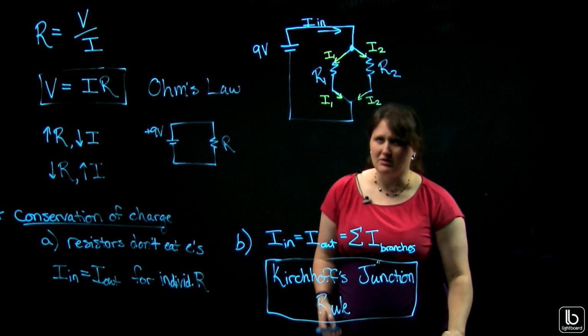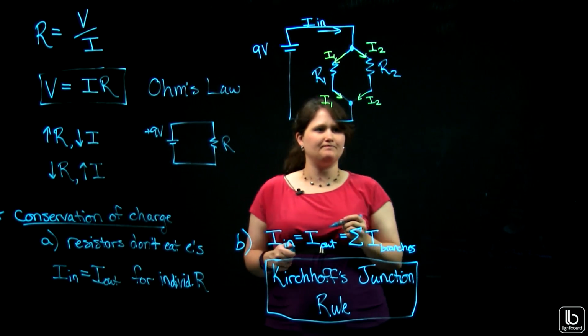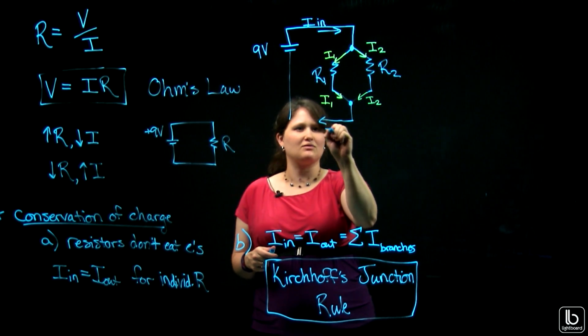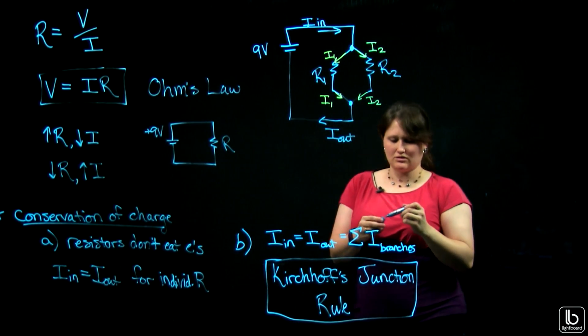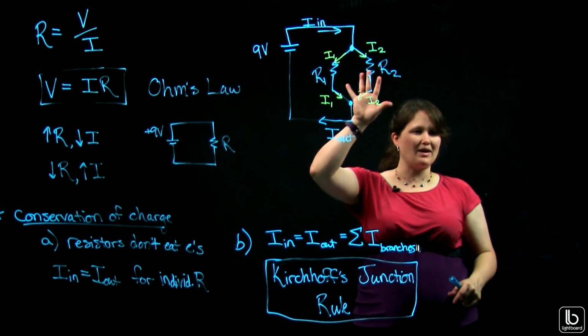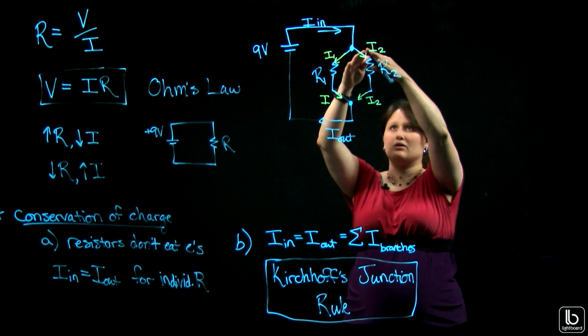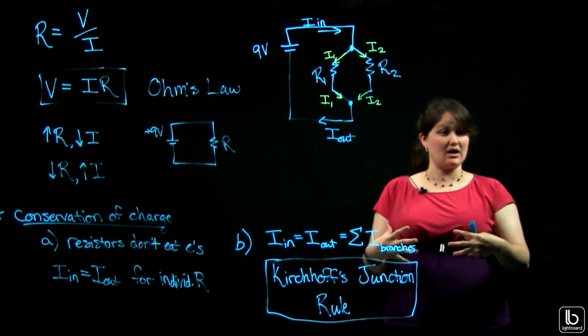But then we have the place where they join back up. And the current after that, I'm going to say, is current out. So this is what we call a parallel circuit, because current can flow in 2 different resistors at the same time.